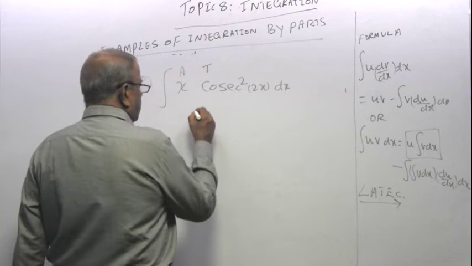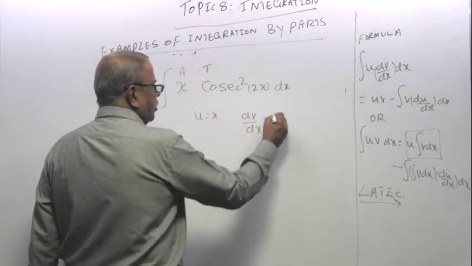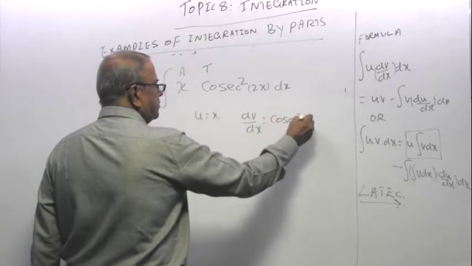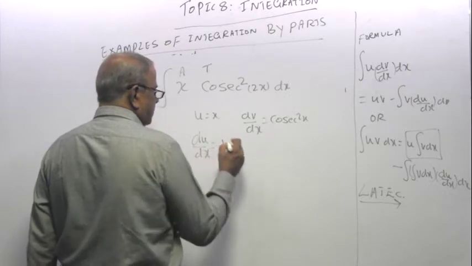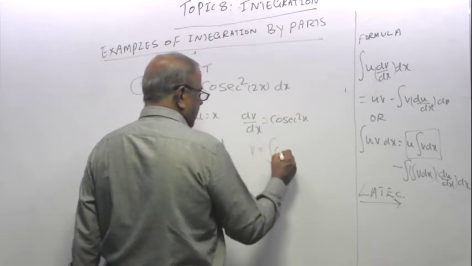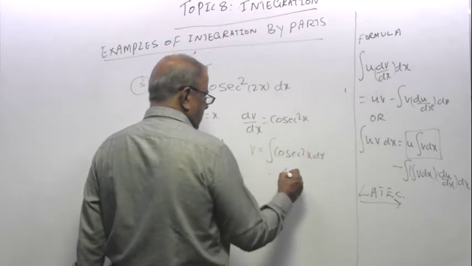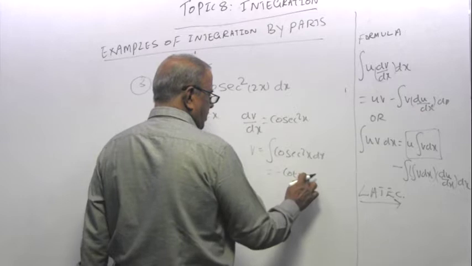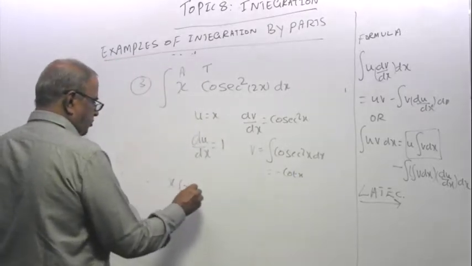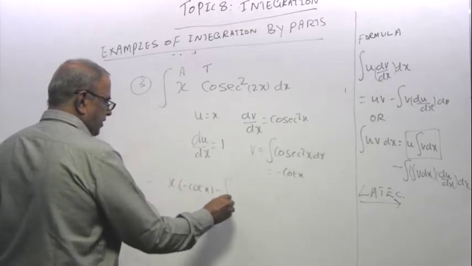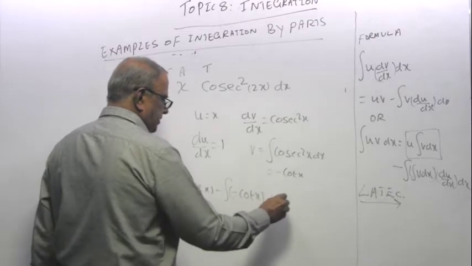So therefore, u is x, dv by dx is cosec squared x. du by dx is 1, v is integral cosec squared x dx, which is minus cot x. So therefore, it's u times v minus integral v times du by dx.